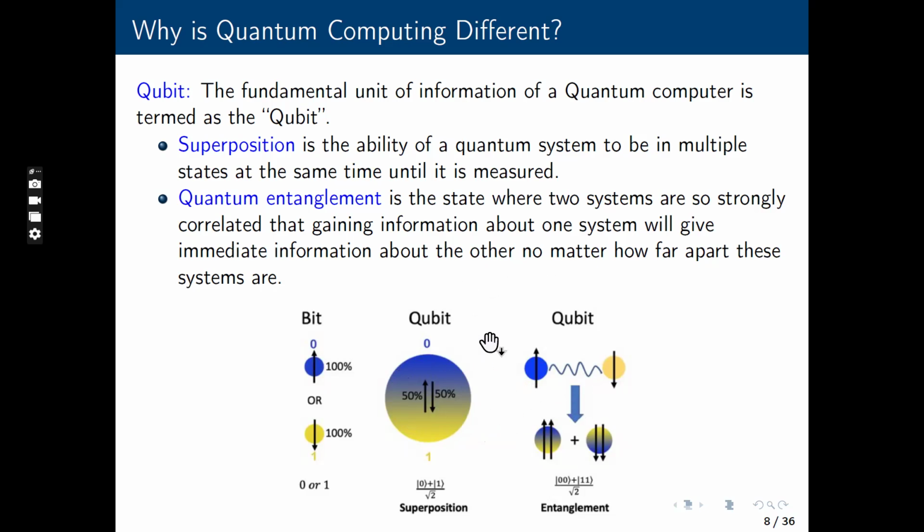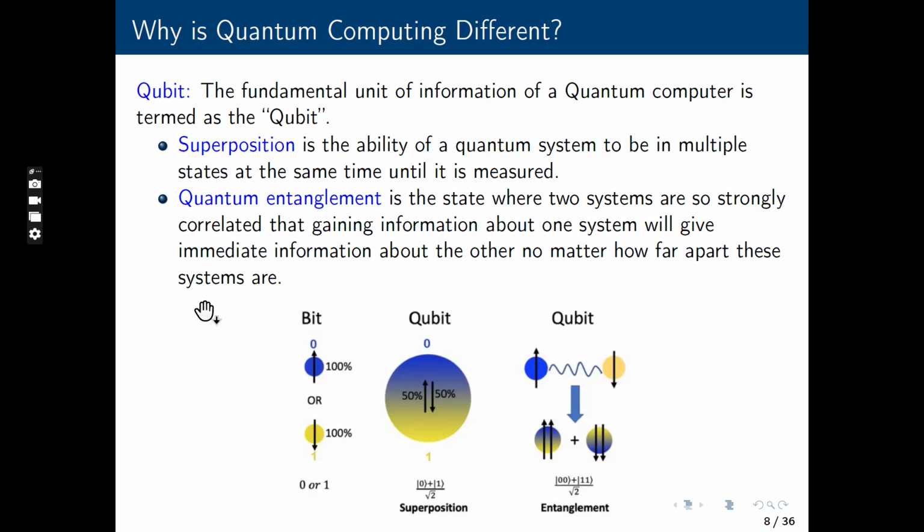And this enables massive parallel computing power for qubits, which makes massive parallel computation easier for quantum computers, which makes quantum computers reach solutions faster than classical computers.